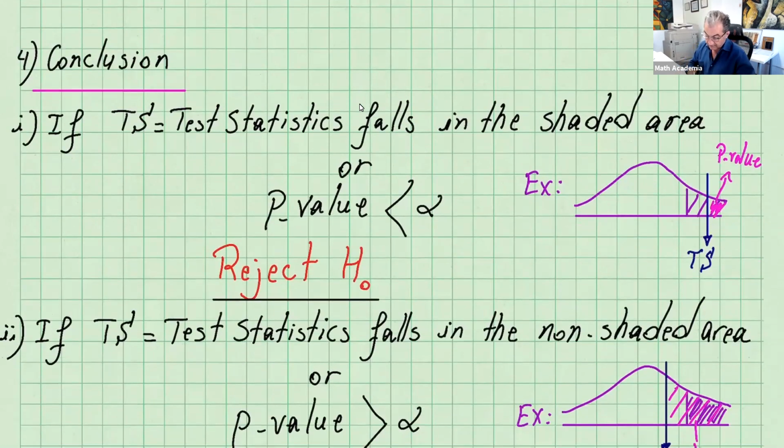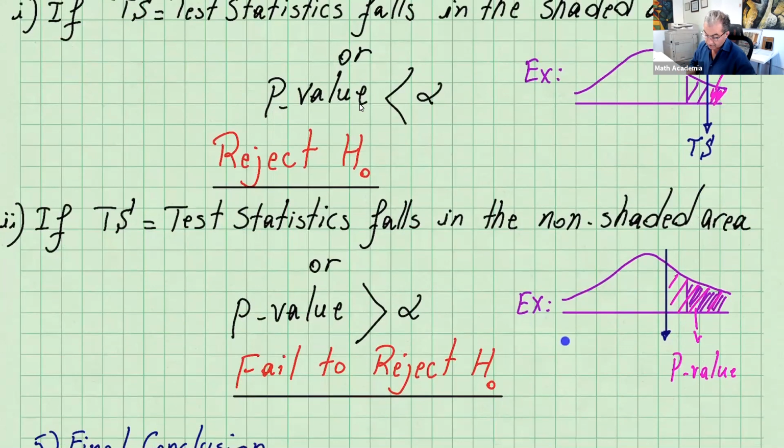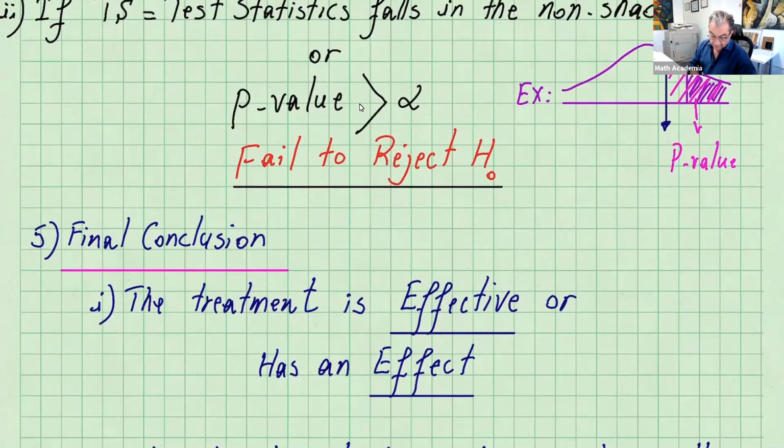If the test statistic falls in the non-shaded area or p-value is greater than alpha, just like here, non-shaded area is right here. Again, the pink area is the p-value, or the p-value is less than alpha, which is right here, then you fail to reject H0.